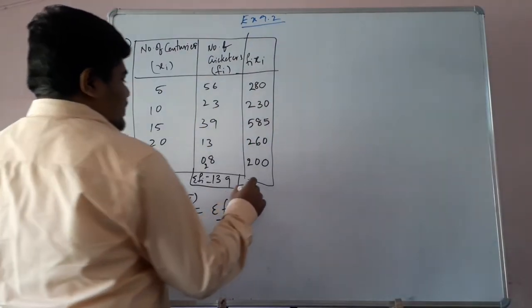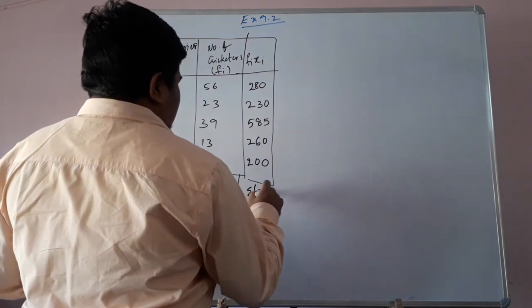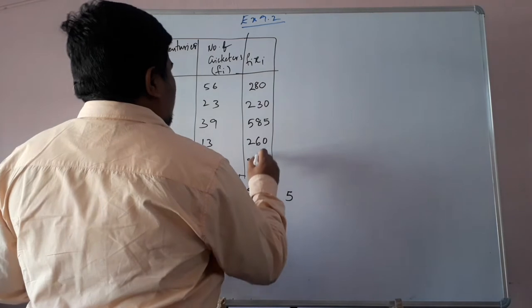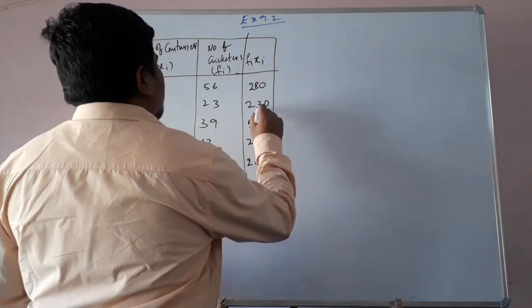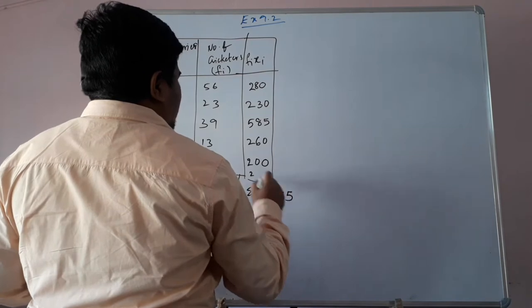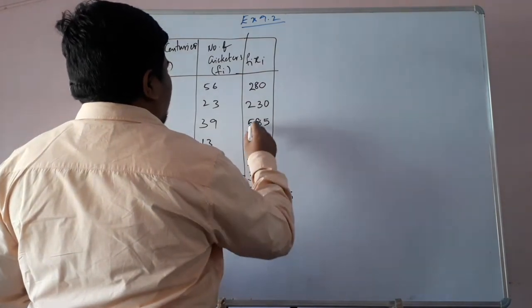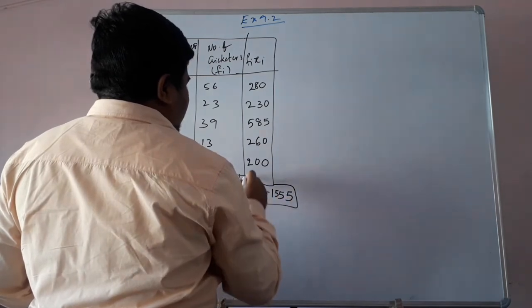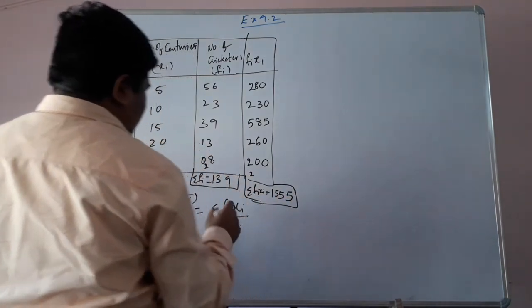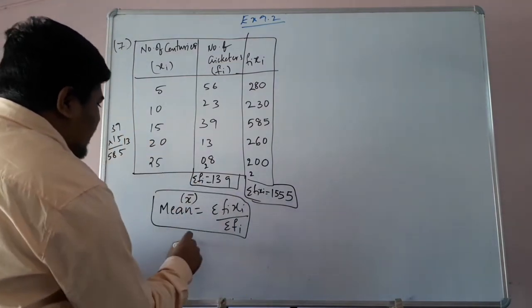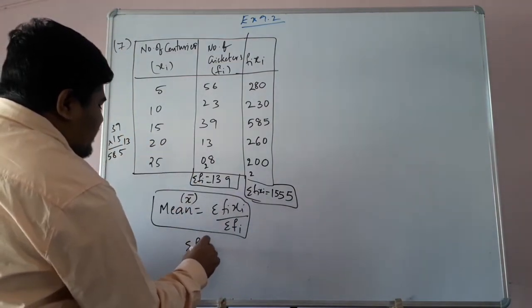Now the fi xi values. Adding them, 280 plus 230 plus 585 plus 260 plus 200, 1555 is the sigma fi xi value, children. Now we have the formula: mean is equal to sigma fi xi by sigma fi.